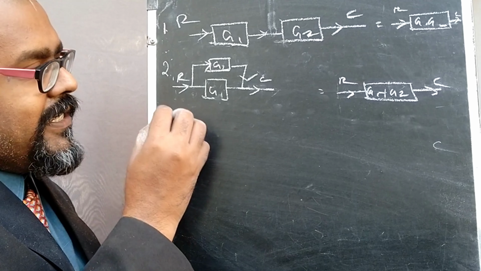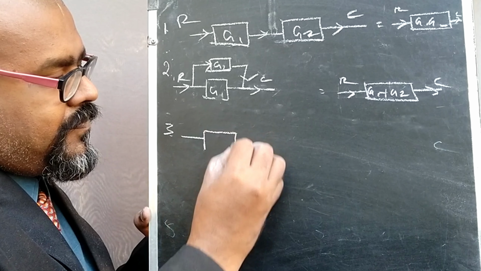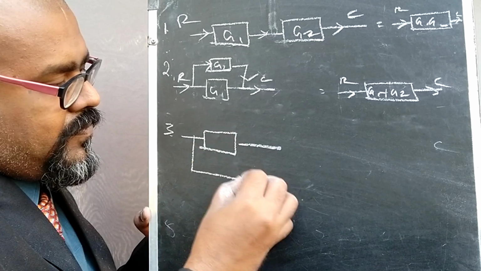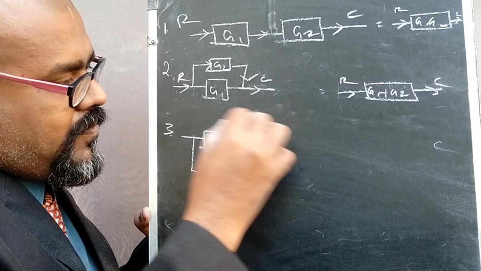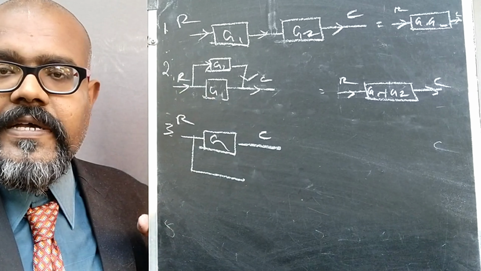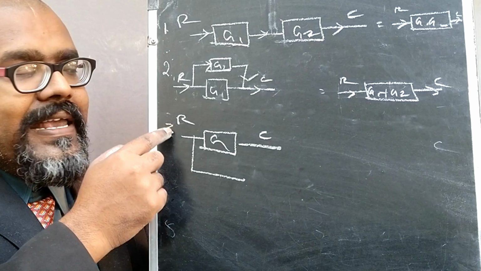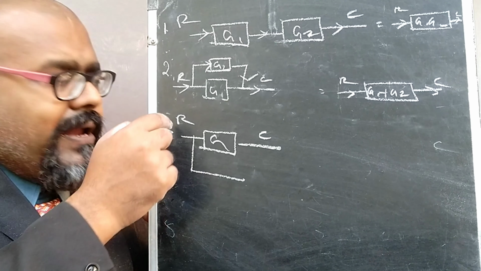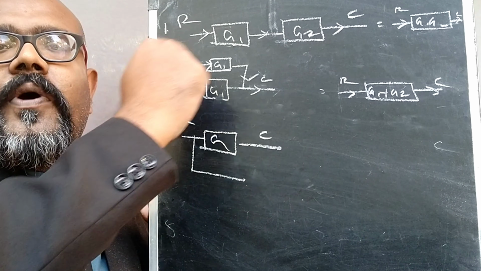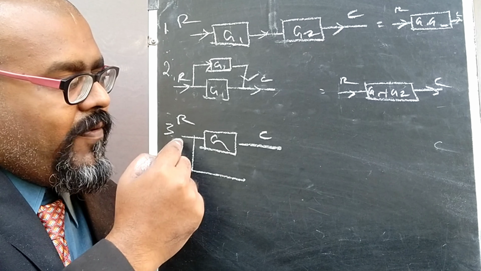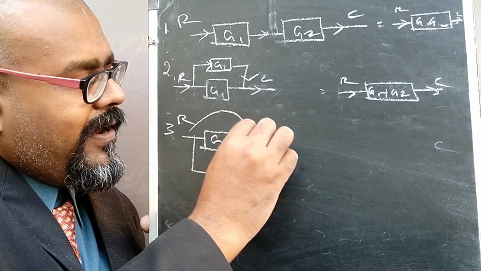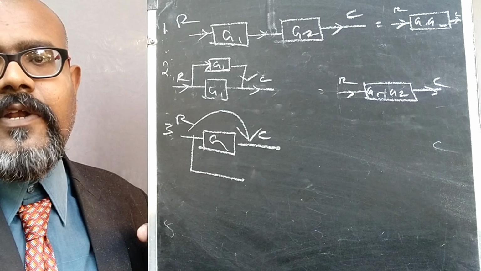So the third condition is, see, this is called the branch point. Please remember, if the condition requires you to move this branch point ahead of the block, so if you want to move this branch point here, then what is the rule you need to follow?